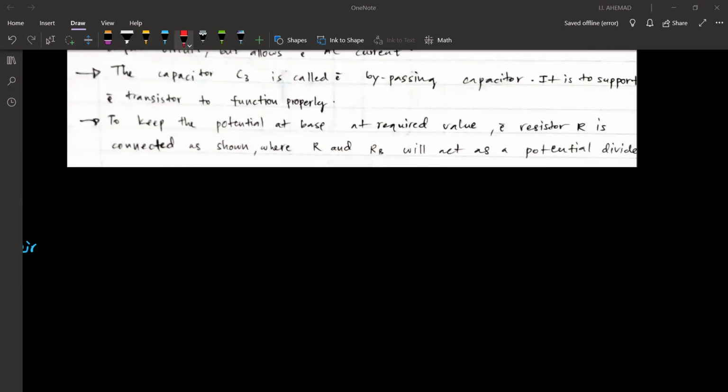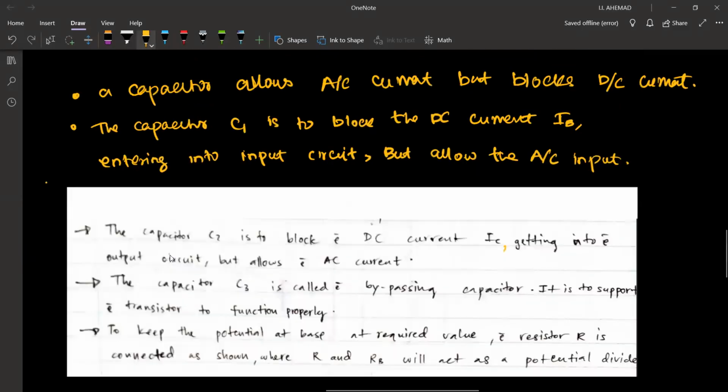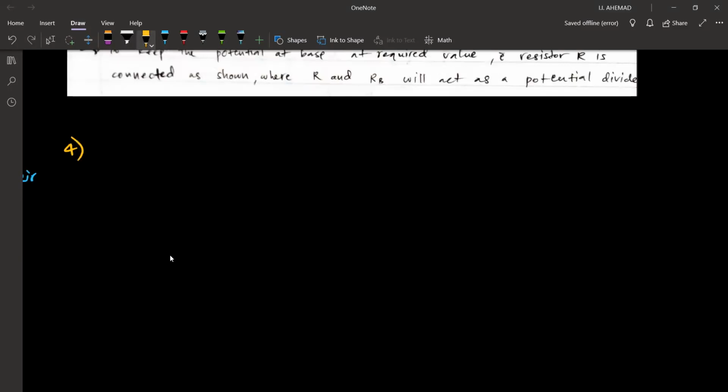Let's see note number 3, note number 4. Now we know what is bias, what are the regions in a transistor.